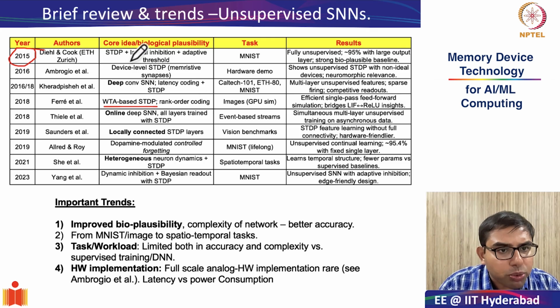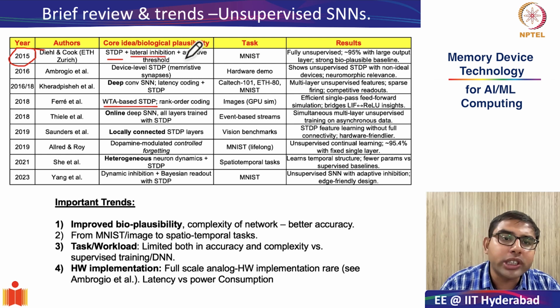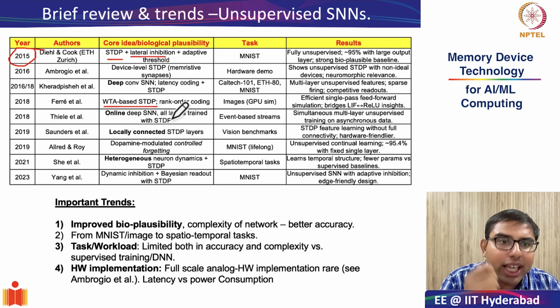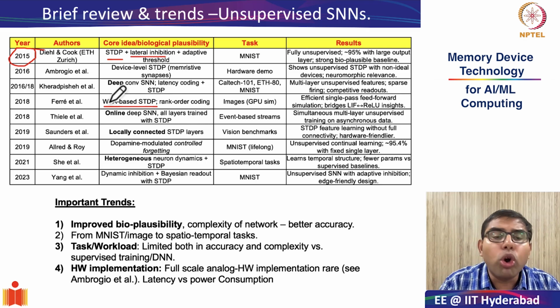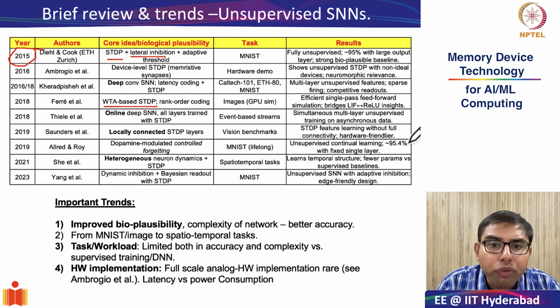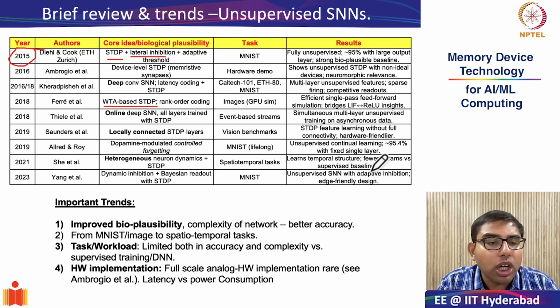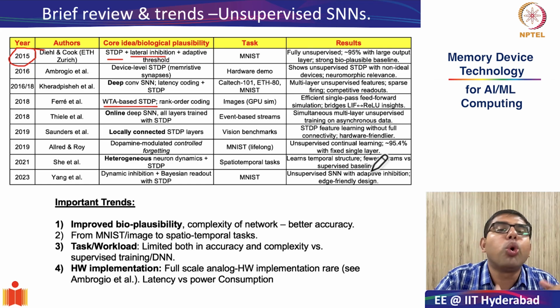While Diehl and Cook, as we just discussed, relied mostly on STDP and lateral inhibition in addition to homeostasis or adaptive threshold, when you start tuning the kind of STDP called winner takes all, using rank order encoding, and also using other more richer neuronal dynamics, you were able to improve the accuracy of these neural networks from 95% to almost 98 to 99%.